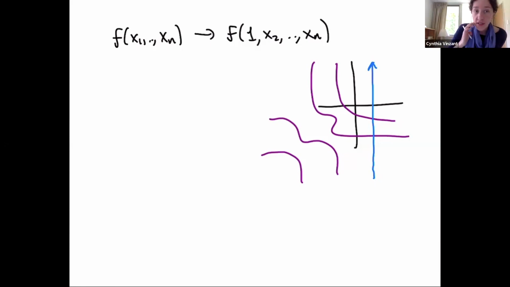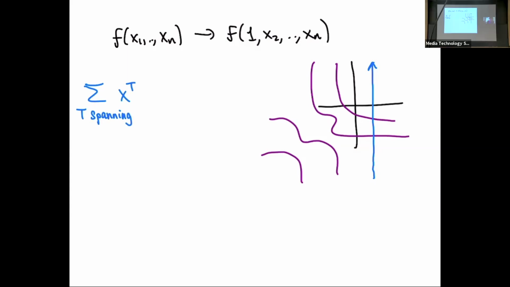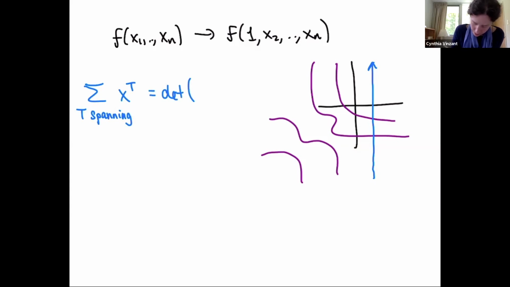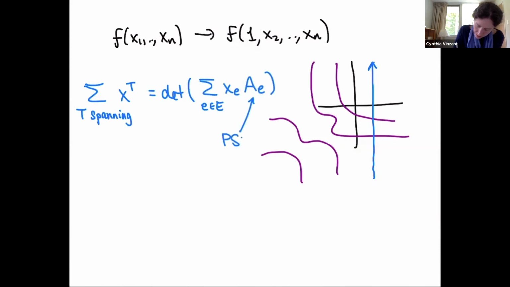So the polynomial that you would get, sum over T spanning tree of x^T, by the matrix tree theorem, you can write as the determinant of some matrix, like summing over all the edges x_e A_e, where these matrices are actually positive semi-definite.